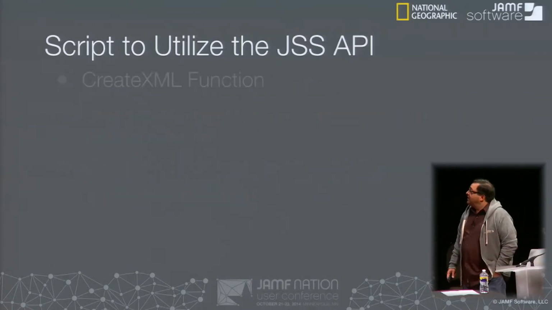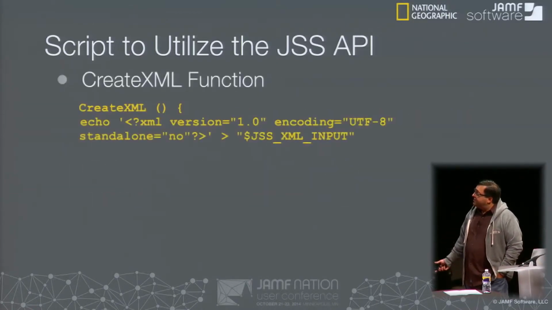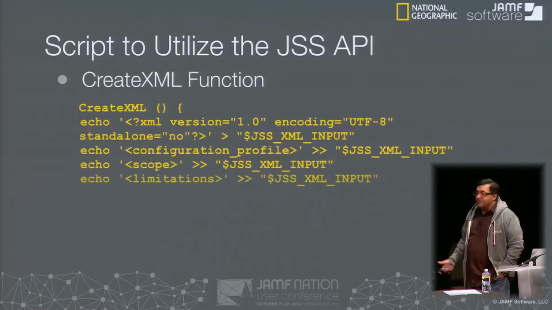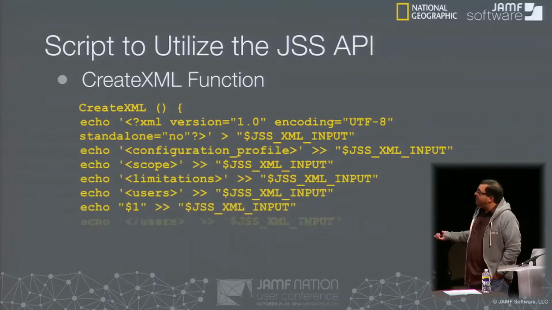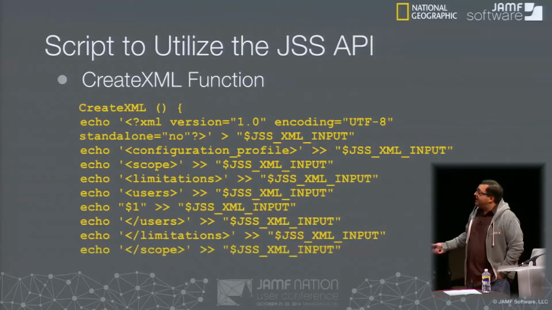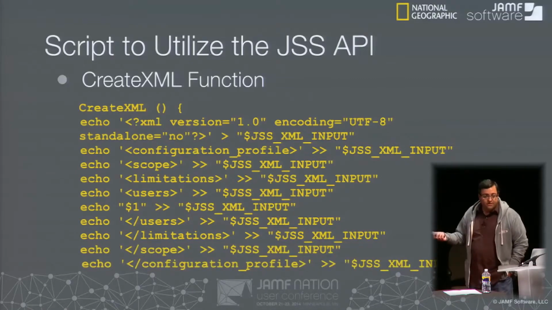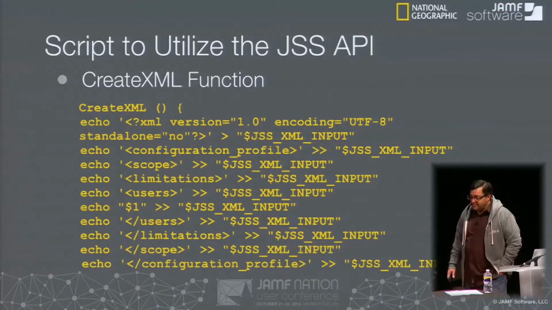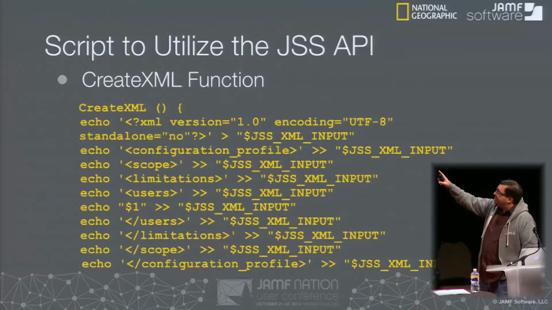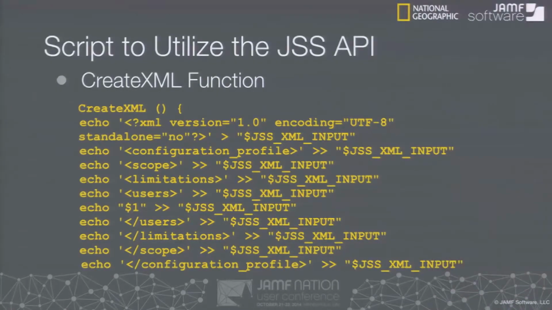So here's the function. All we're doing is calling echo, and we're redirecting that into the file that we defined in the beginning. The initial caret right before the JSS XML, if you can see that, creates the XML file at the location that we had, and then the double carets here append to that file.